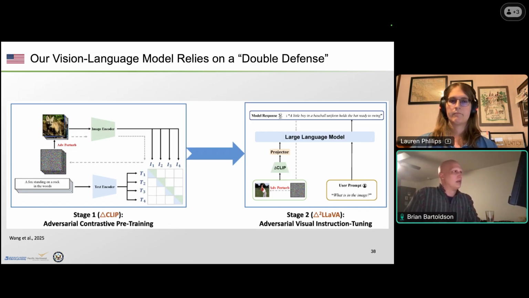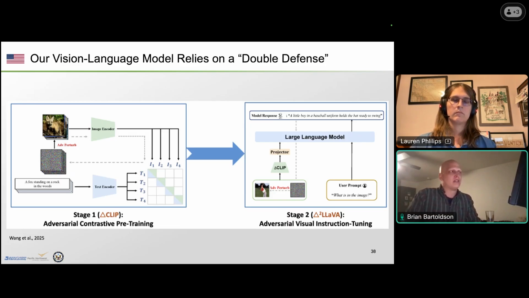Basically, what we do is traditional clip training. Here you can see the contrastive learning that you do when you're training a clip model. But how we differ is that we have this automated red teamer inserted into the loop, and the images we're working with during learning are being perturbed by these red teaming adversaries in a way to try to confuse our model.